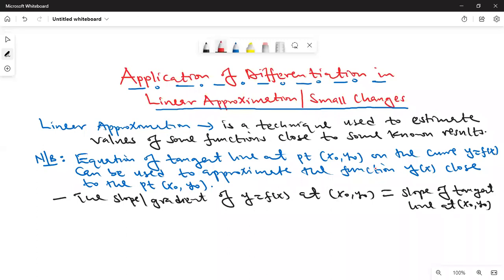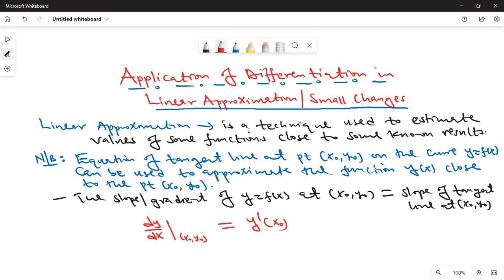This simply means that this slope of a curve is dy/dx at the same point where x equals x0, or the point x0, y0. This is the same as what we are calling y prime at x0.